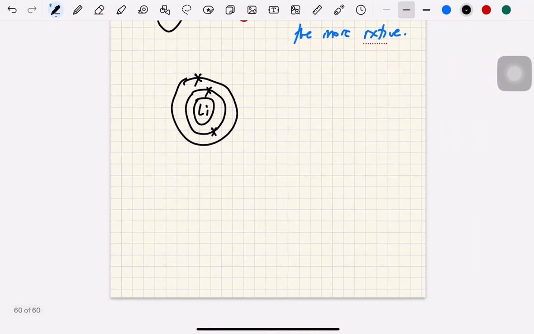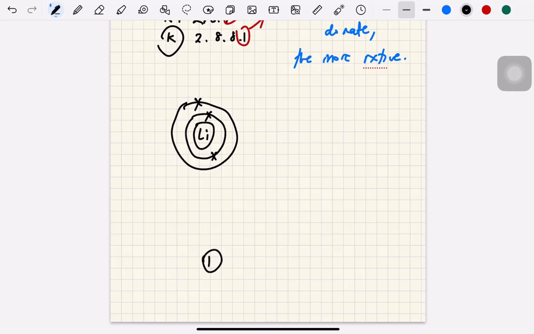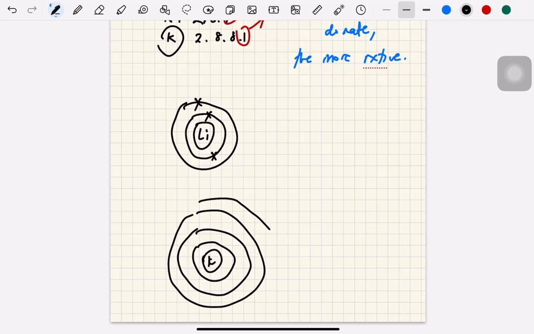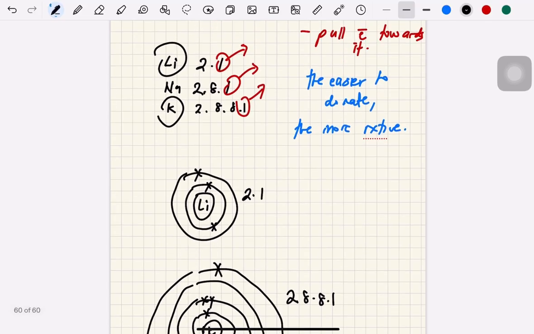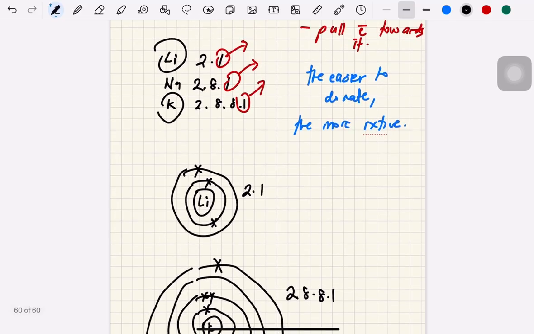Okay, and then potassium I'm going to draw a bit bigger. 1 2 3 4. Okay, alright. So this is 2 8 8 1 and so on. This is 2 1 and this is 2 8 8 1. Okay, alright. Now, remember the concept, the easier to donate, the more reactive.